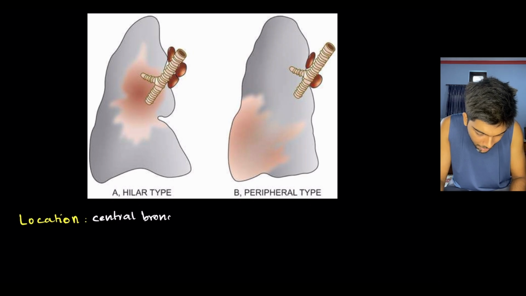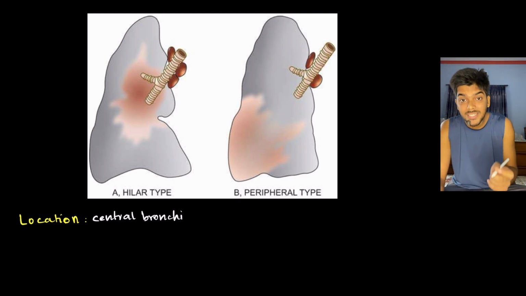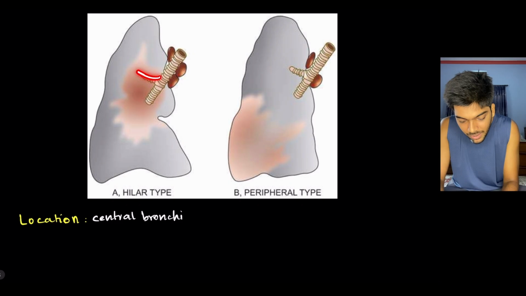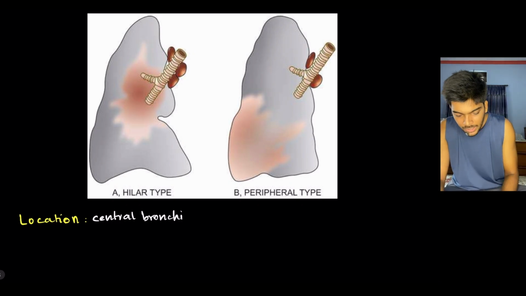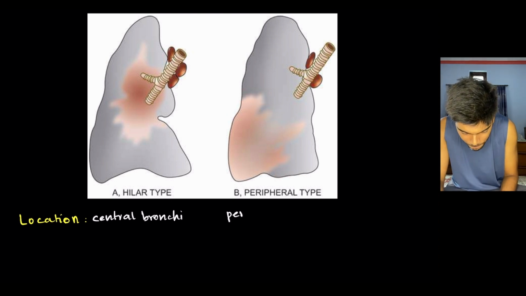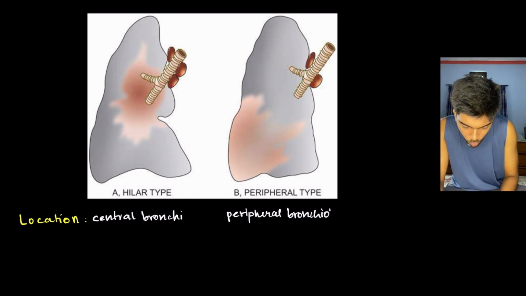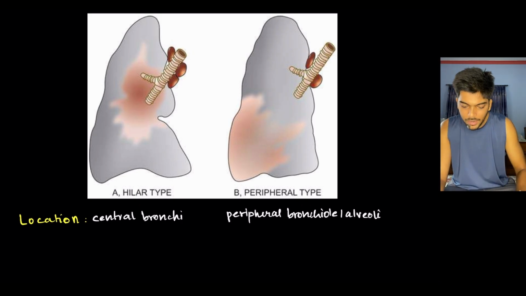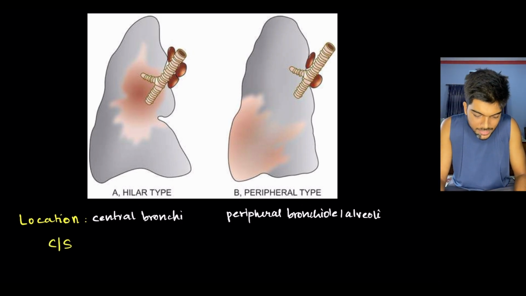Remember, the central type or the hilar type arises from the central bronchi. Right here, the central bronchi. The peripheral type, called so because it's towards the periphery of the lung, and it arises from peripheral bronchiole or alveoli.